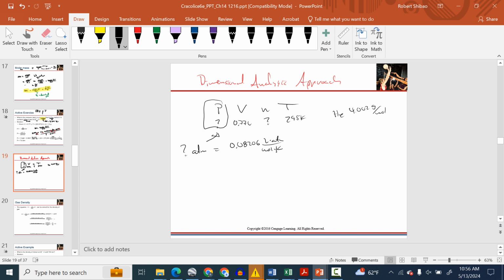Your book will have you memorize two or three. Memorize one and then figure out the rest, just change the units. So if we want atmospheres, what do we have to get rid of? We have to get rid of liters, moles, and Kelvin. Getting rid of liters is easy. You know how I can get rid of liters? I'm just going to divide by volume.